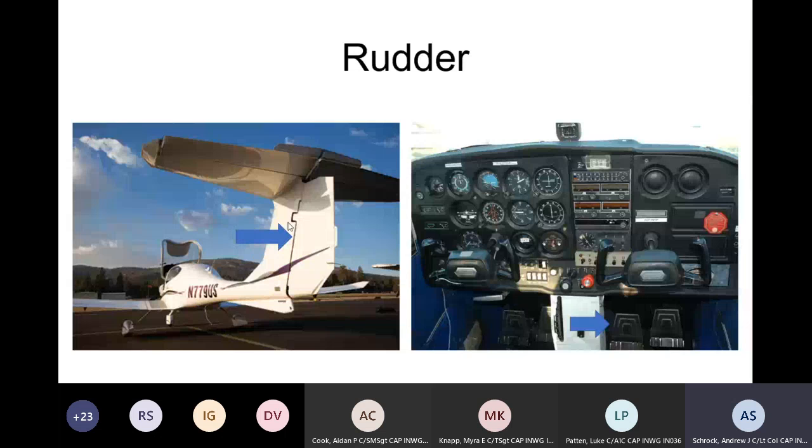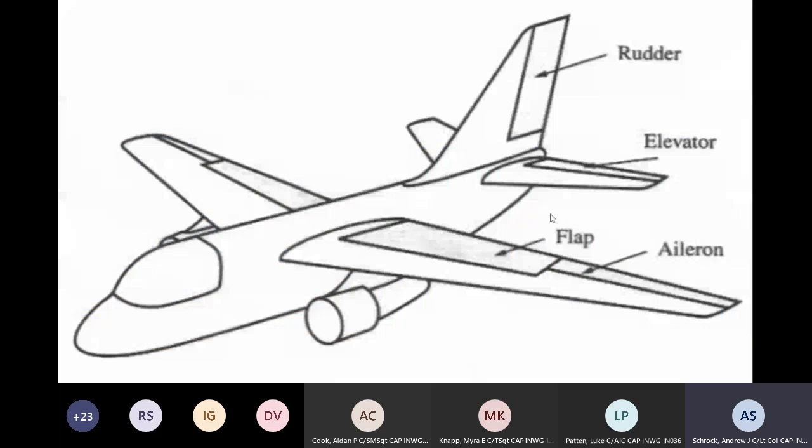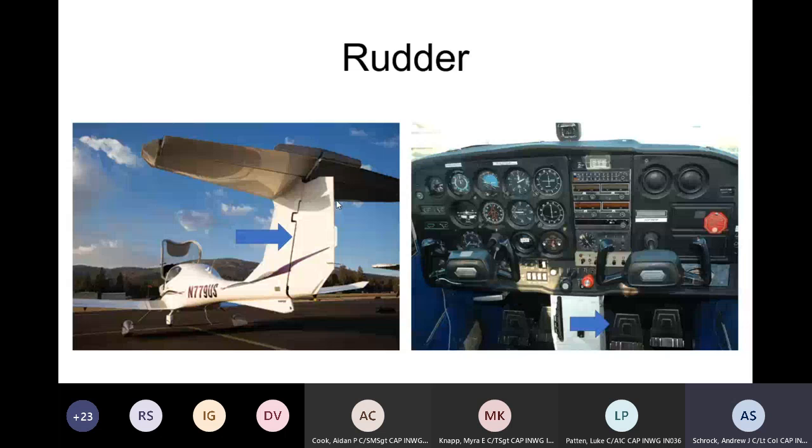When he said differential braking, let me see if I can pull up the rudder pedals now. Each wheel has its own brake, obviously with the exception of the nose gear wheel. The main gear have their own brakes, and you can control each brake separately.